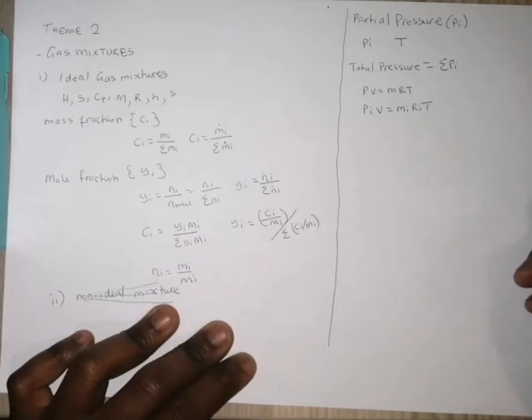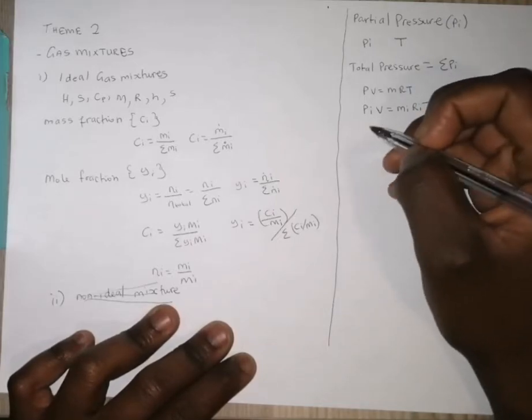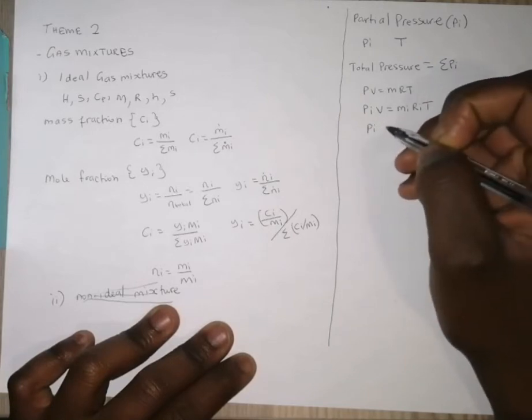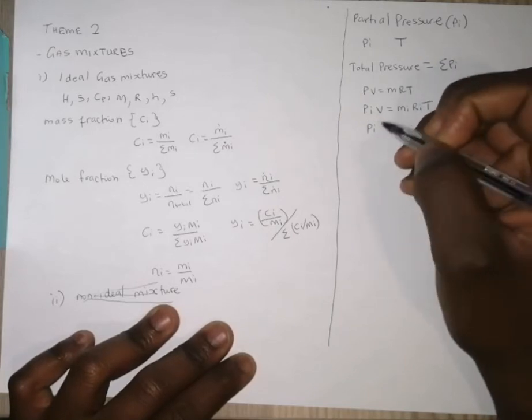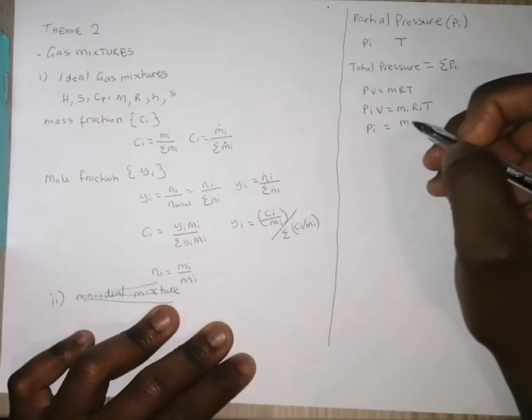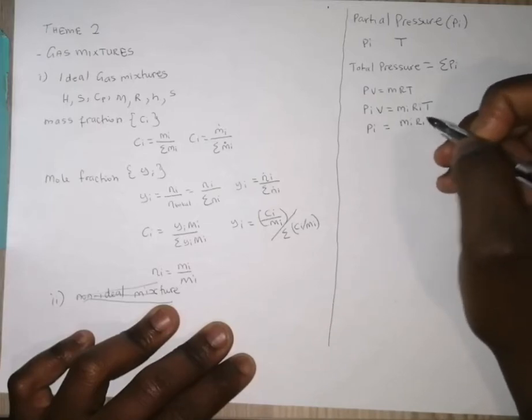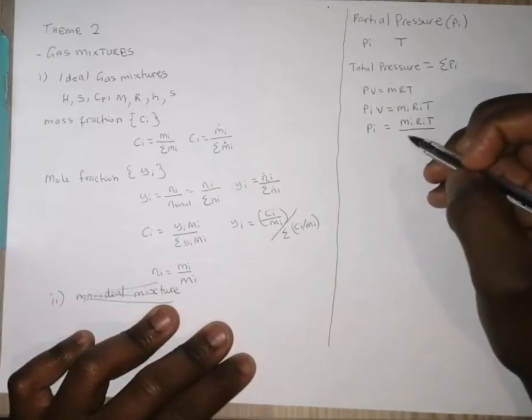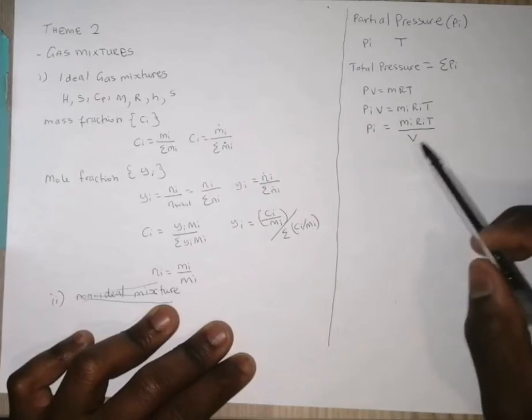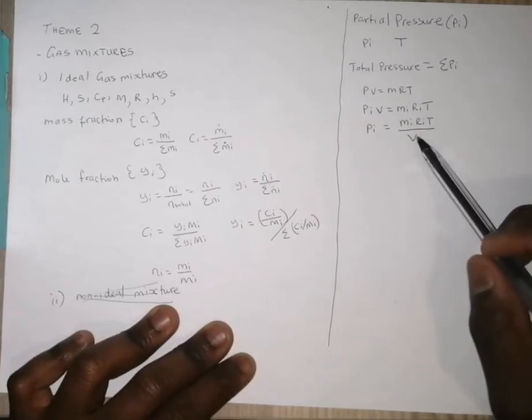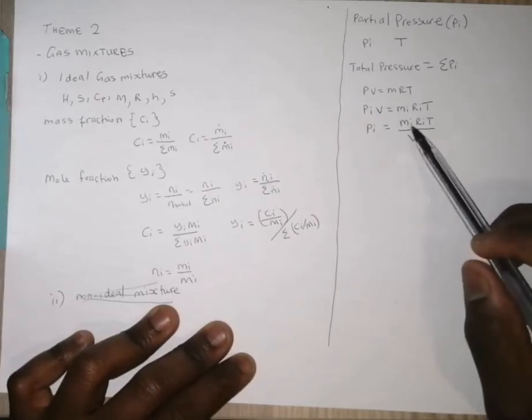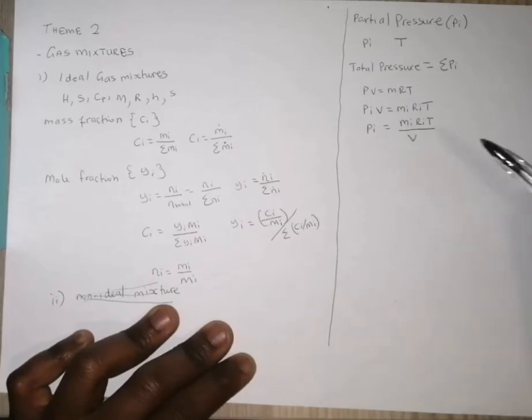So if we want to find the partial pressure, we can make Pi the subject of the formula, over V. Remember, V and T remain constant for the whole gas mixture. Then mi and Ri change because it's for the partial gas.